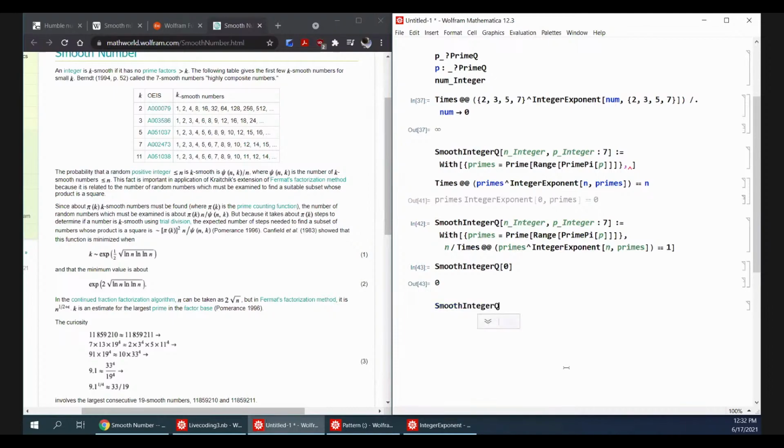So someone might prefer to have the single argument be, this is a question of whether a number is 7 smooth, as opposed to the way that we've defined it, this is a question of whether 6 is 7 smooth. The way that we have it does seem to make less sense than this being a question of whether a number that you would then pass in some other way is 7 smooth or not.